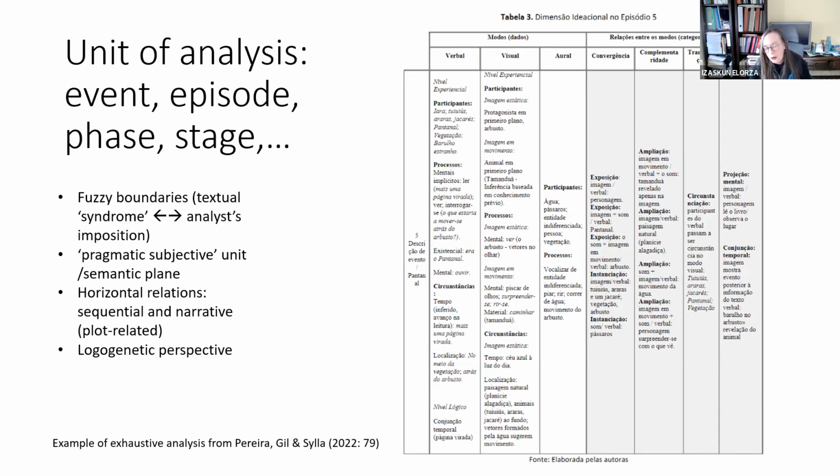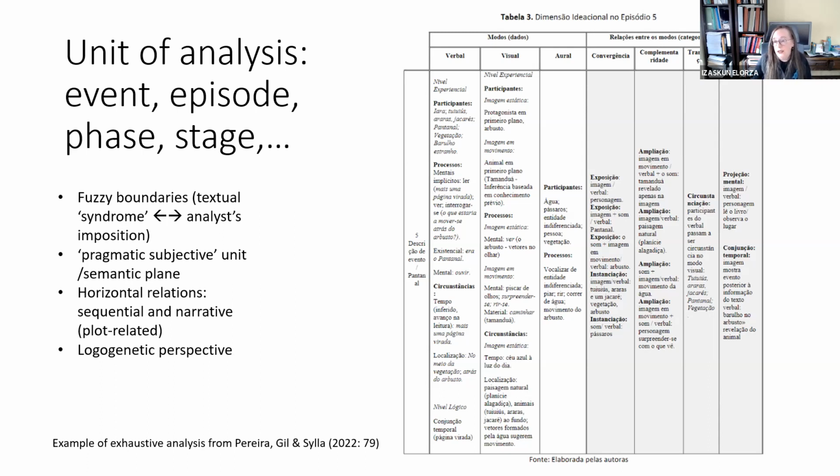So what happens here when we're using this kind of unit is that the boundaries of these units are very fuzzy. So somehow they are analyzed in positions, which means that it is the analyst who has to decide, of course, relying on the textual syndrome, the constellation of different features that we find there, how many episodes, how many phases, how many stages, how many events we are identifying in the text, and therefore how many of them we are going to analyze as units at all.